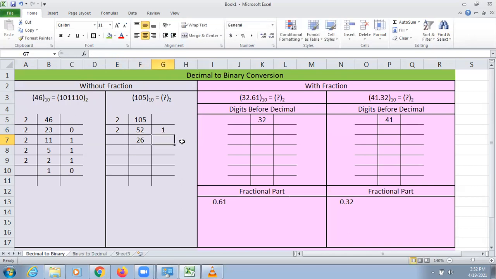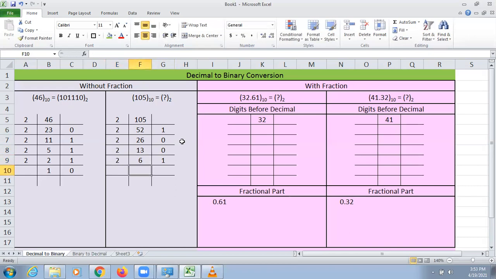The remainder is 0. Again divide 26 now. 2 1s are 2. 2 3s are 6. Remainder is 0. Next time 2 6s are 12. Remainder is 1.